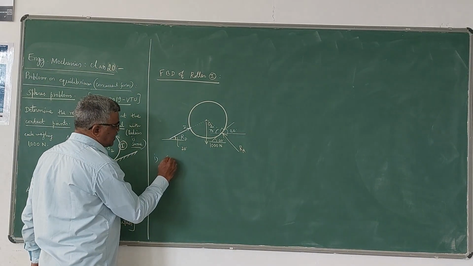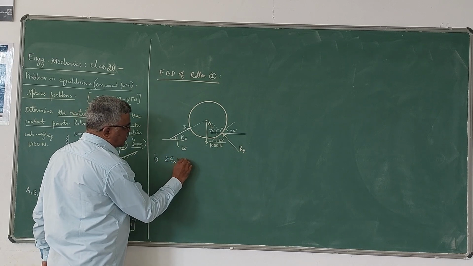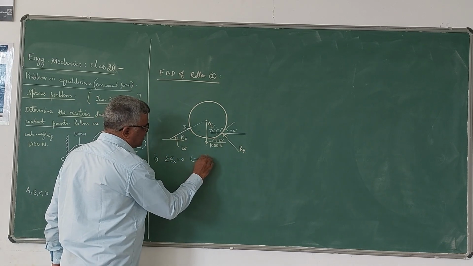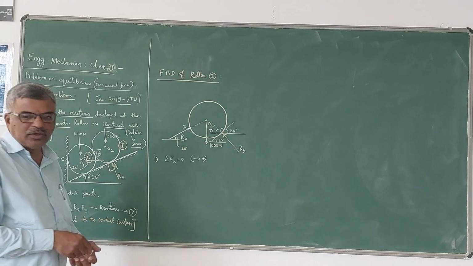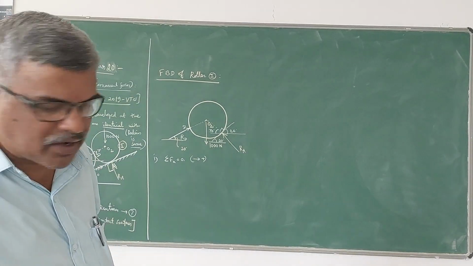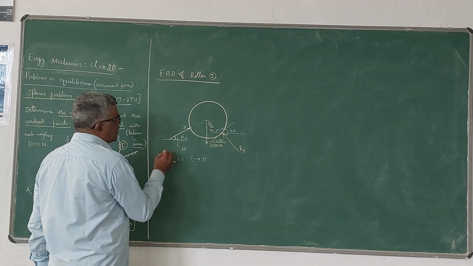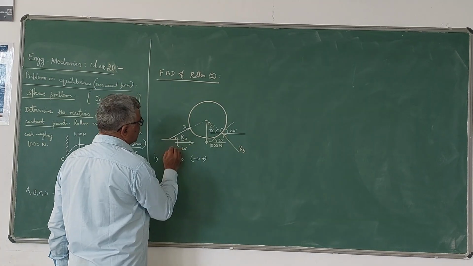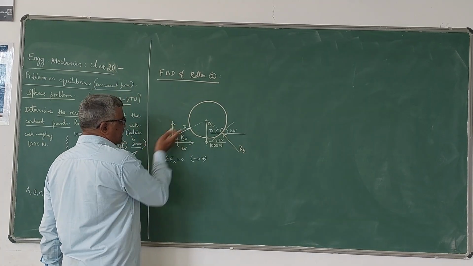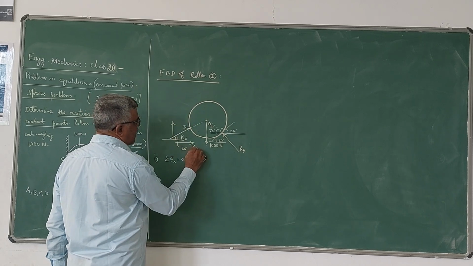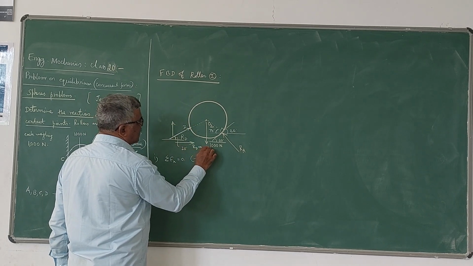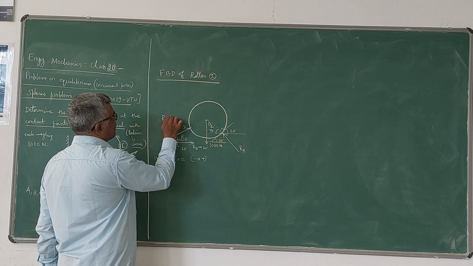First equilibrium equation: Sigma Fx is equal to 0, forces acting towards right positive. You have to resolve the forces here because this RD is inclined. If you resolve this RD reaction, because it is acting in the first quadrant, this is RD cos 20 and this is RD sin 20.